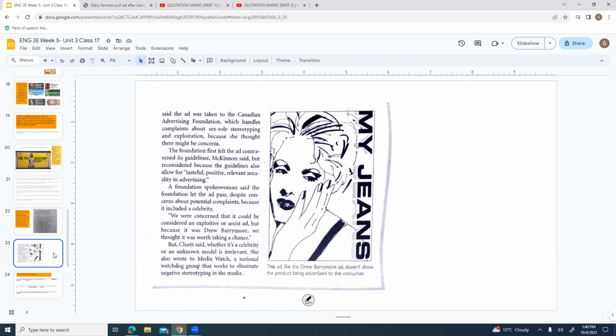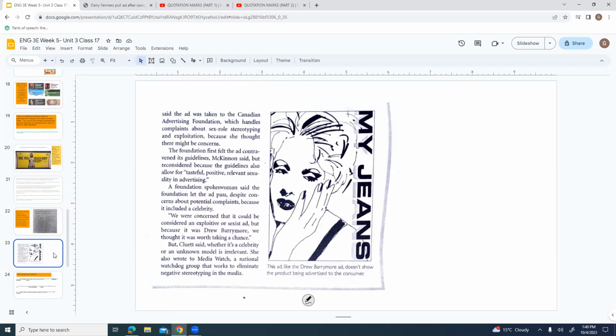The foundation first felt the ad contravened its guidelines, McKinnon said, but they reconsidered because the guidelines also allow for tasteful, positive, relevant sexuality in advertising.